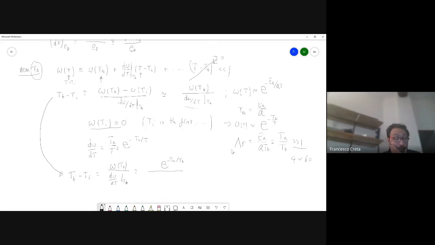And the denominator, we have essentially the expression for the derivative, which is TA over TB squared, and the same expression now for TA over TB.